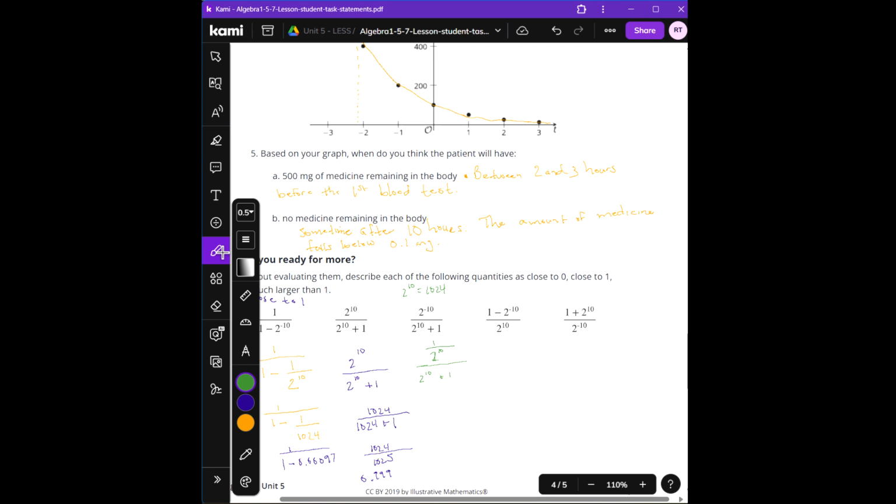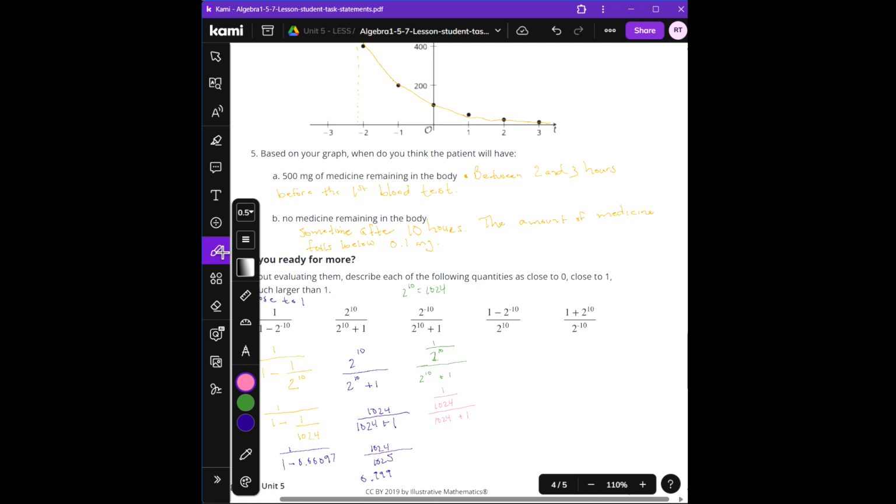Now let's rewrite that as 1 divided by 1024, divided by 1024 plus 1, which is 1025.